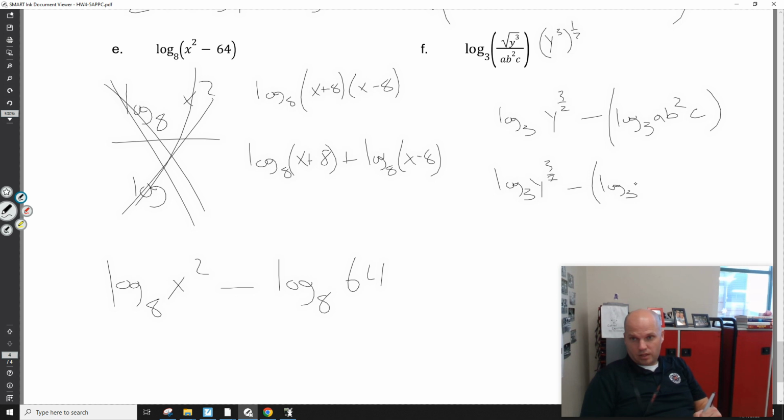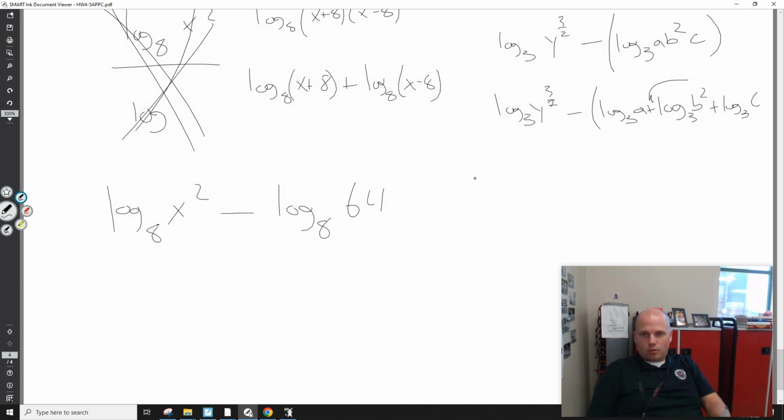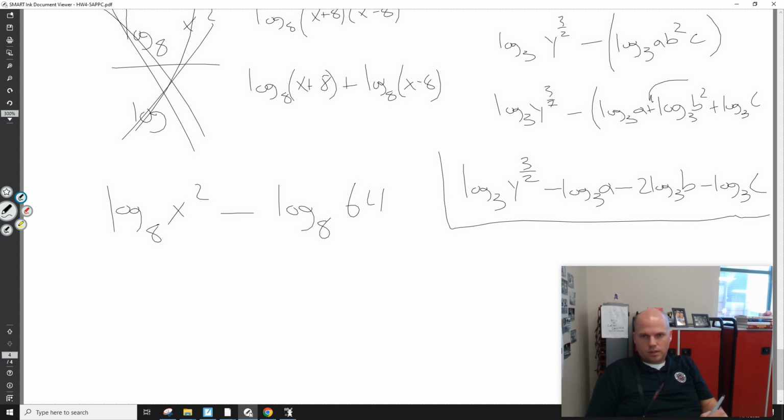You can expand this now. You bring the 2 down. And when you're subtracting all of that, you can distribute the negative. And that's your answer.